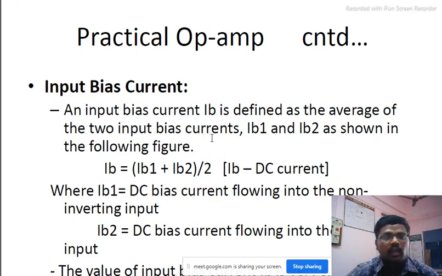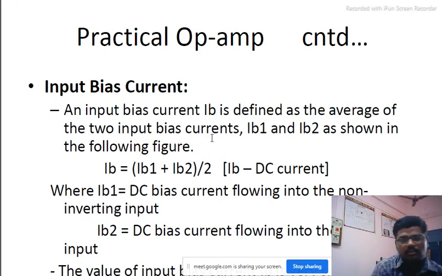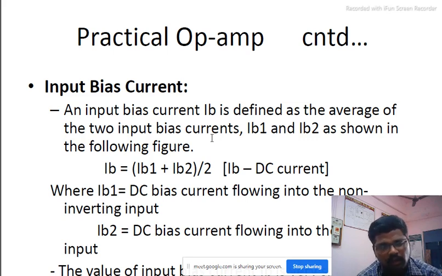Next, input bias current. An input bias current IB is defined as the average of the two input bias currents. This is the input bias current: the average of IB1 and IB2, that is (IB1 plus IB2) by 2.